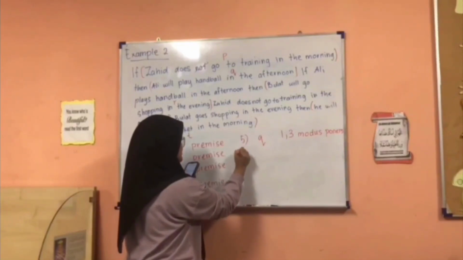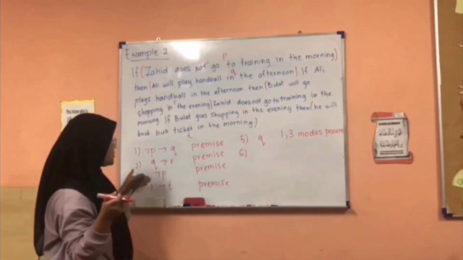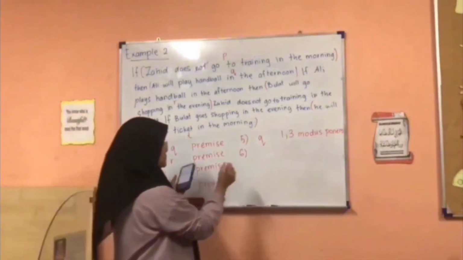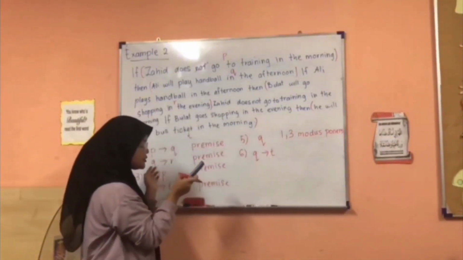So the 6th, you can look at 2 and 4. You can cut R and you get Q implies T. You can use the rule of syllogism.